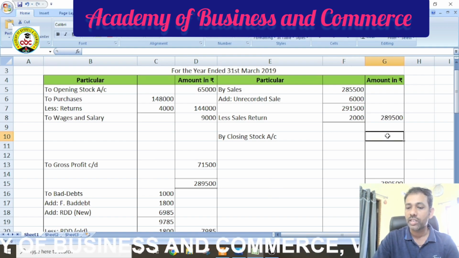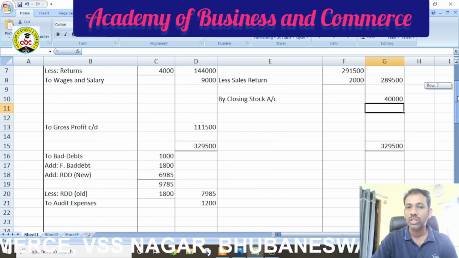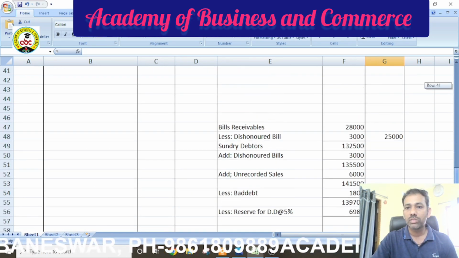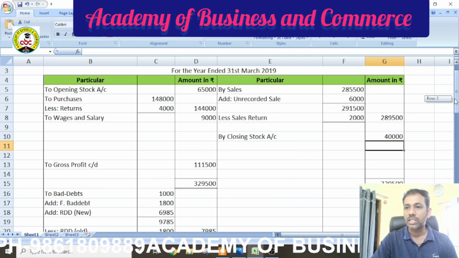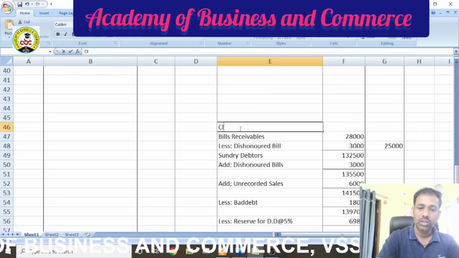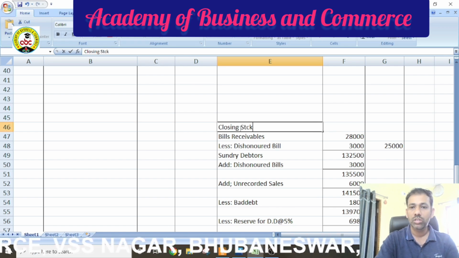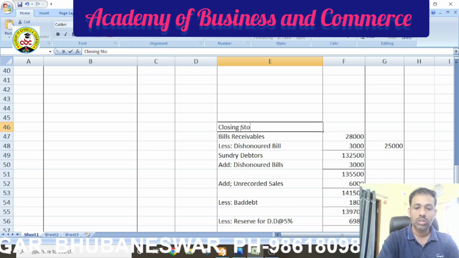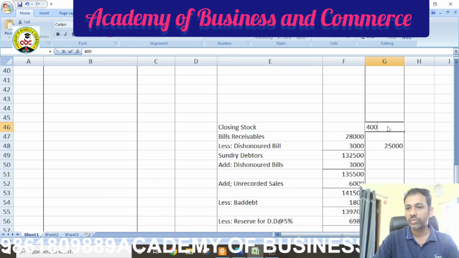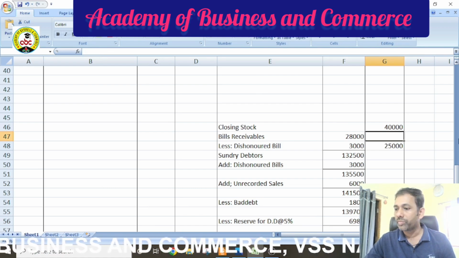One is on the credit side of the trading account, and the same item you have to take as closing stock in the balance sheet. That amount is 40,000. This is the adjustment related to closing stock.